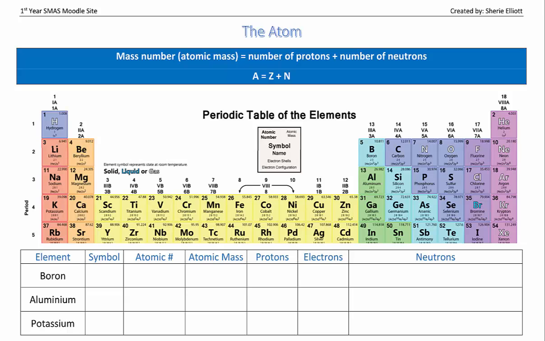Let's review what we've just covered. So mass number, which is also the atomic mass, is equal to the number of protons plus the number of neutrons, or A equals Z plus N. Other things to note: in a neutral atom, the number of protons equals the number of electrons.